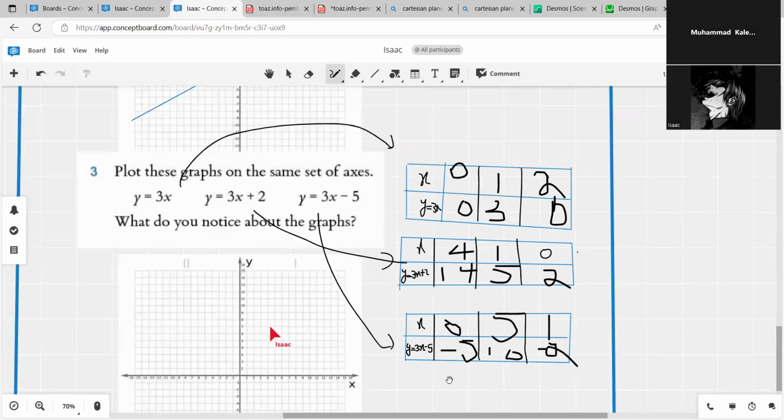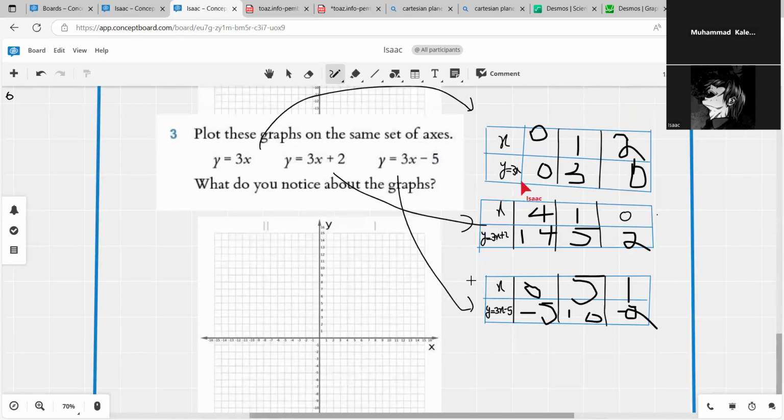Yep, good, excellent. Okay, now we need to sketch them all.